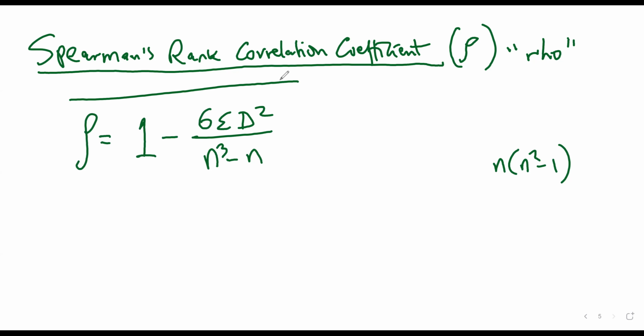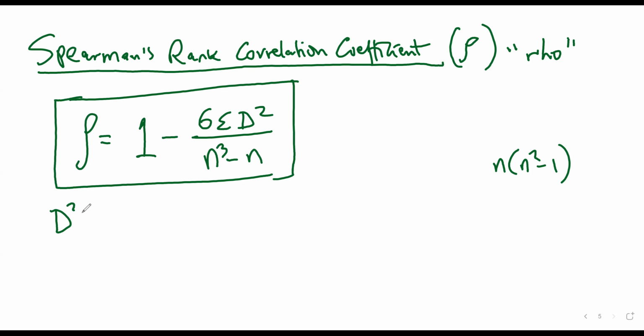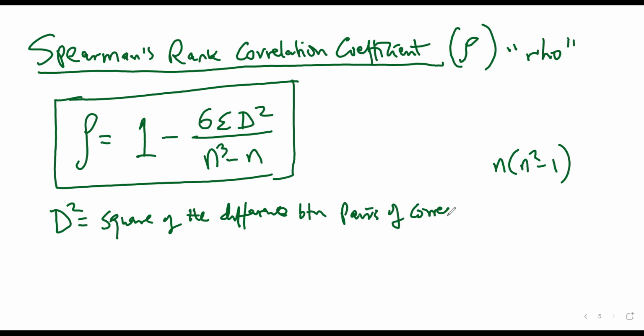So this is the formula for the Spearman's rank correlation coefficient, where d squared is the square of the difference between pairs of corresponding ranks, like ranks from the same individual.